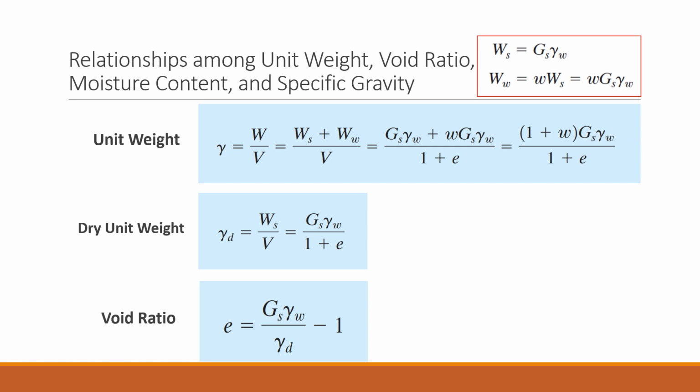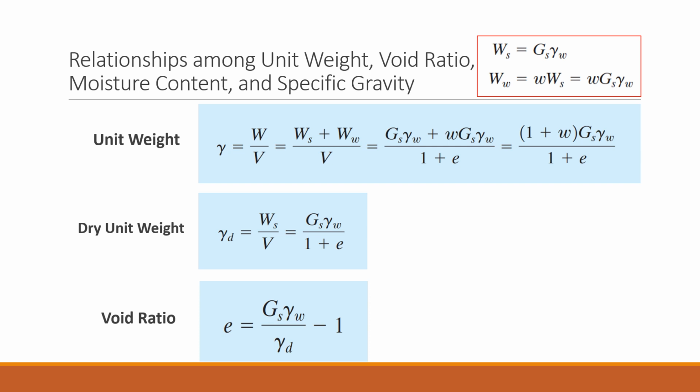And in this scenario, we have set the value for our volume of solids equal to 1, leaving the value of our voids equal to E. So simplifying that, we will come up with the formula of our unit weight in terms of void ratio, moisture content, and specific gravity, which is equal to the product of one plus moisture content and the product of the specific gravity and the unit weight of water over 1 plus E.